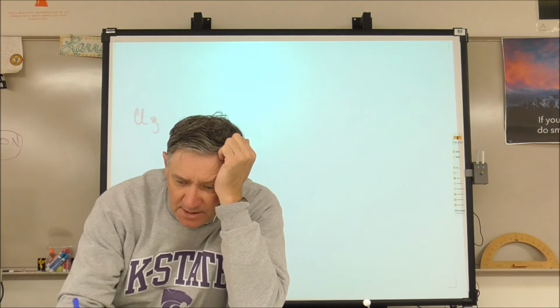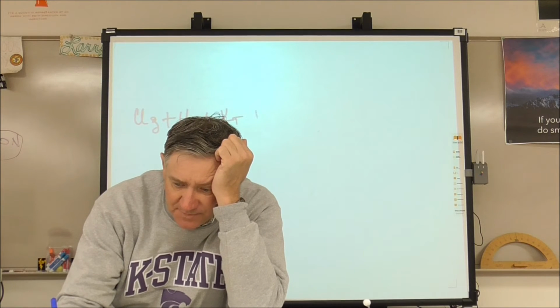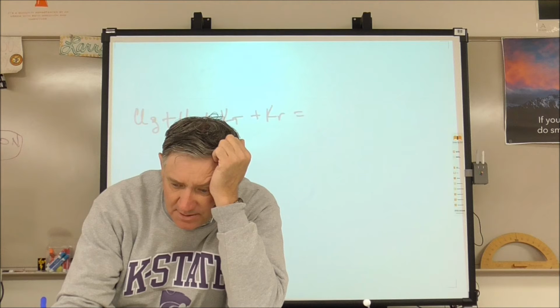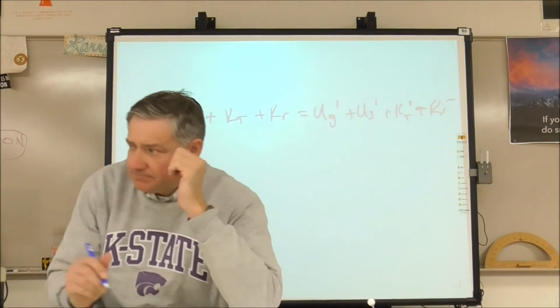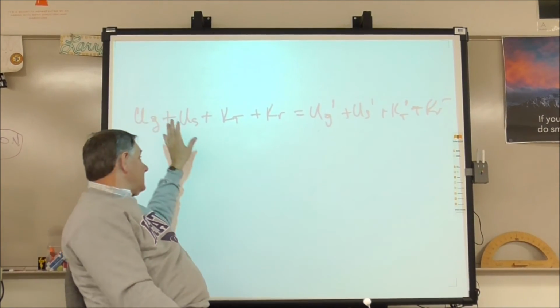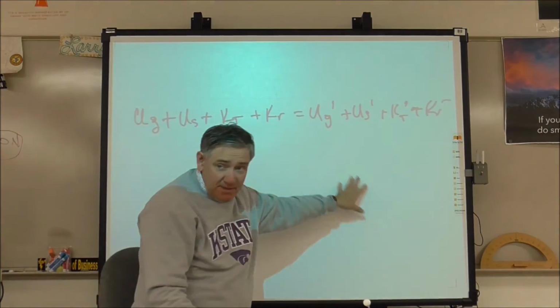You're going to go UG plus US plus KT plus KR equals UG prime plus US prime plus KT prime plus KR prime. So this is what's happening at the top, and this is what's happening at the bottom.